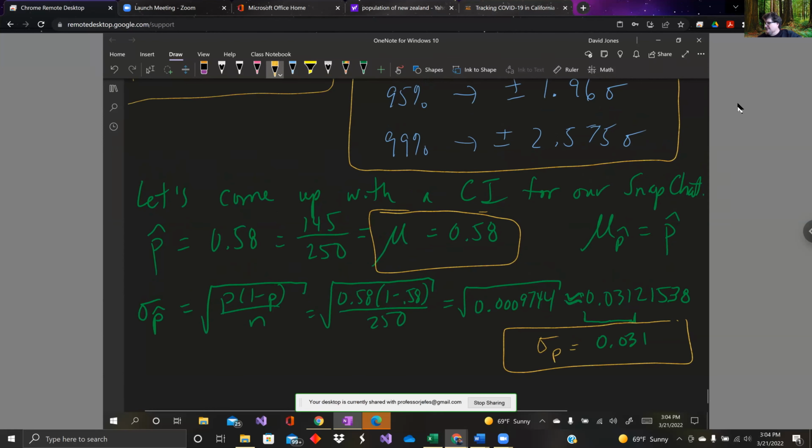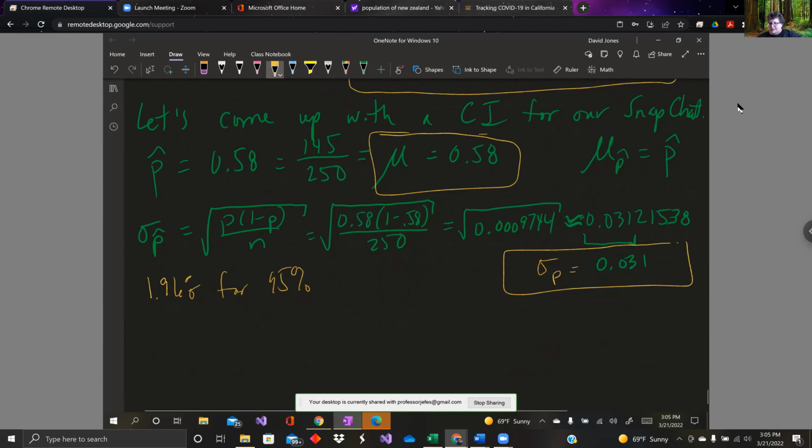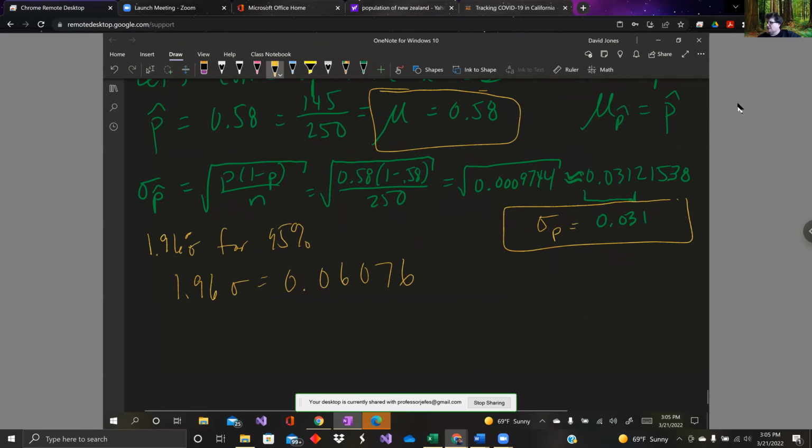So if I want to get this 95%, I need that 1.96 sigma for 95%. So let me figure out what that is based on that 0.031. 1.96 times 0.031 equals 0.06076.